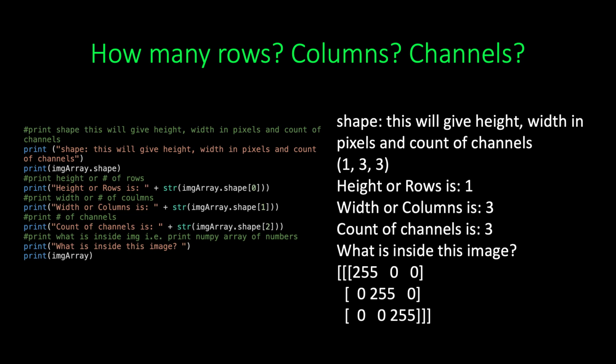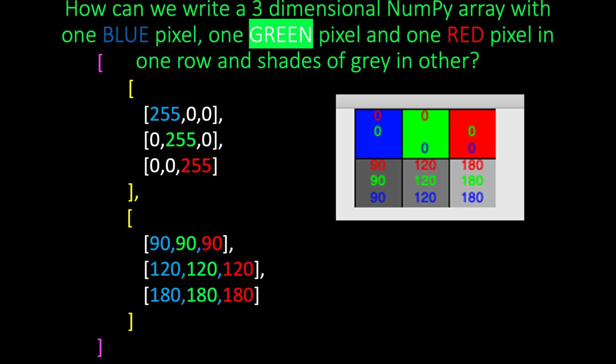Alright, so what we are going to learn over here is how to use Python NumPy to create images with colors. It could be a 1x1 pixel, it could be a 1x3 pixel image, 1 in terms of row and 3 in terms of column, or it could also be 2 rows with 3 columns, something like that too.